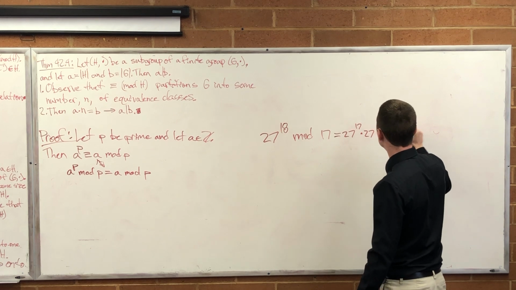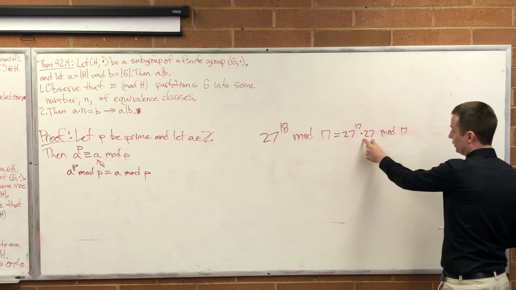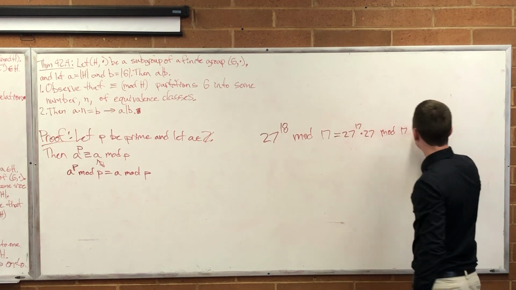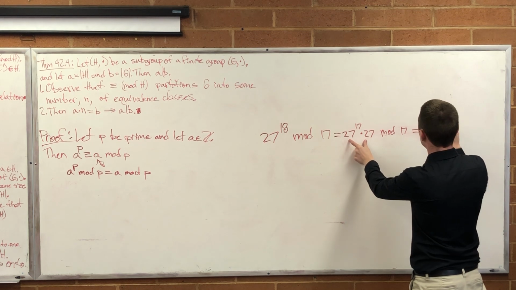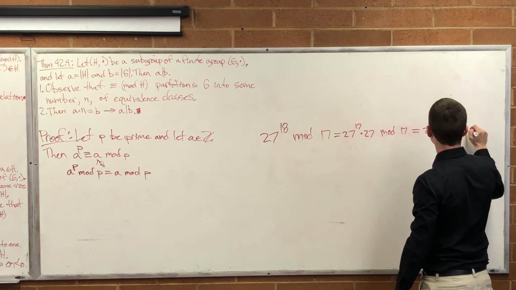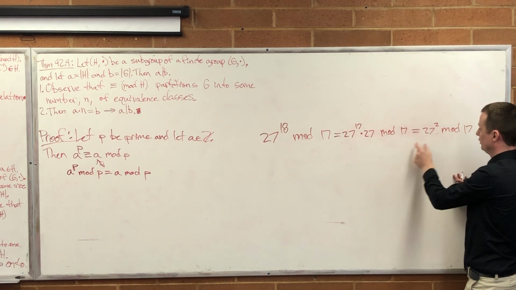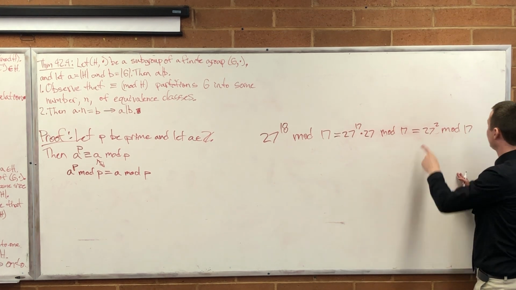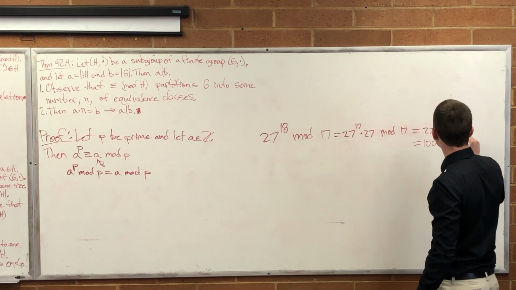Now I know what 27 to the 17 mod 17 is, so it's the same thing as 27 squared mod 17. What's 27 mod 17? That's 10, so this gives me 100 mod 17.